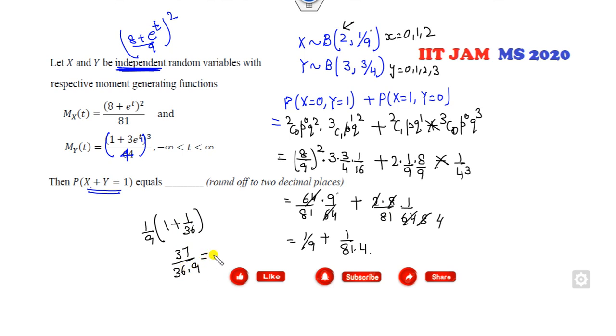So let me do it on the calculator. What is the answer of this? 37 divided by 36 multiplied by 9. So the answer is 0.1142. So you can round it off to two decimal places, 0.114 or 0.115 is the right answer of the problem.